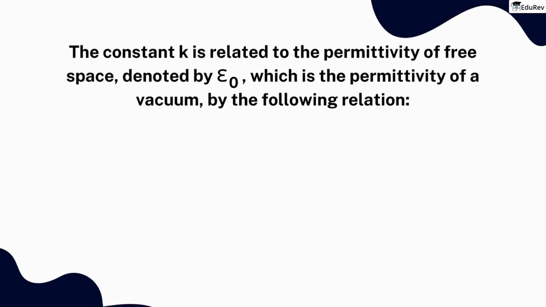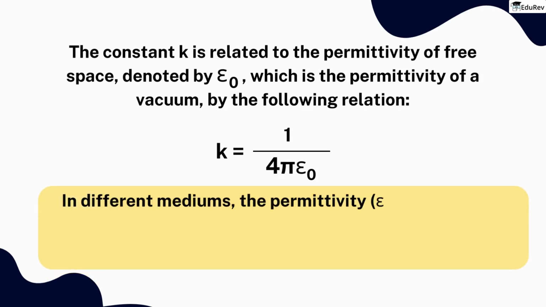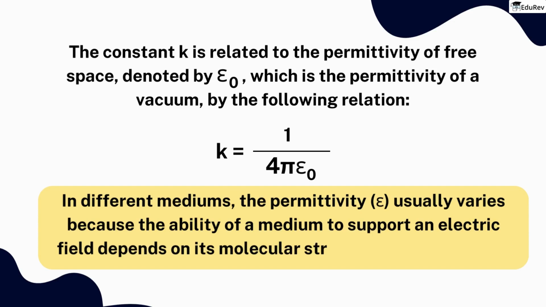The constant K is related to the permittivity of free space, epsilon naught, which is the permittivity of a vacuum, by the following relation: K equal to 1 by 4 pi epsilon naught. In different mediums, the permittivity epsilon usually varies because the ability of a medium to support an electric field depends on its molecular structure and properties.